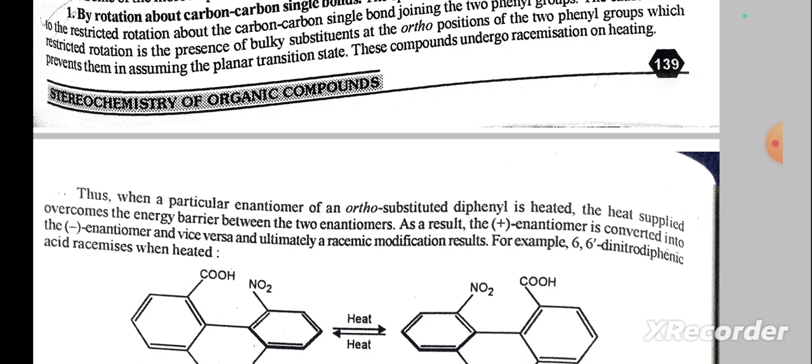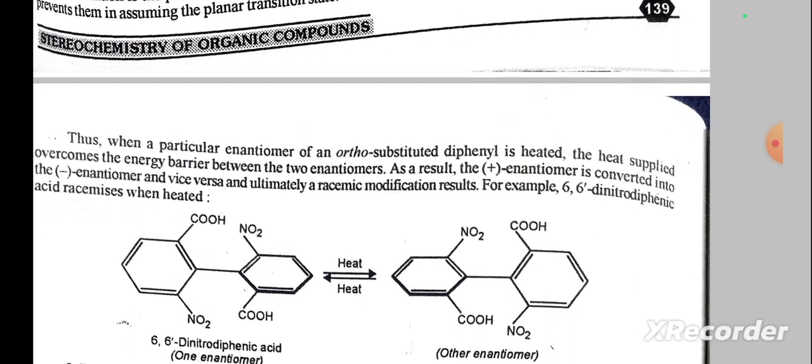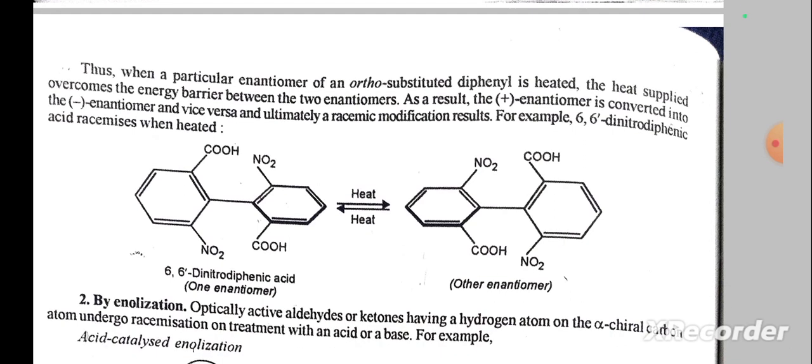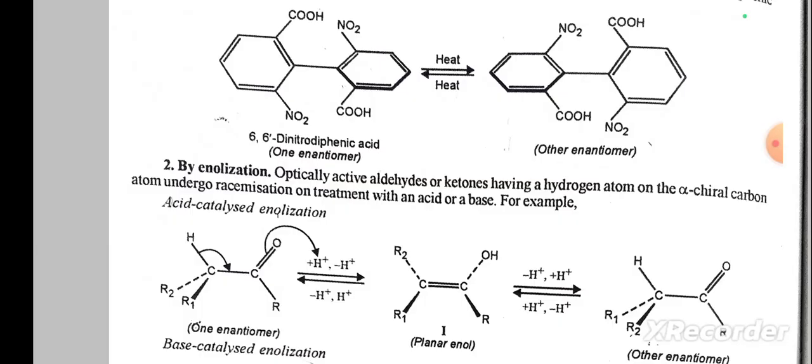These compounds undergo racemization on heating. Thus, when a particular enantiomer of an ortho-substituted diphenyl is heated, the heat supplied overcomes the energy barrier between the enantiomers. As a result, the (+) enantiomer is converted into the (-) enantiomer and vice versa, and a racemic modification results. For example, 6,6'-dinitrodiphenic acid racemizes when heated.